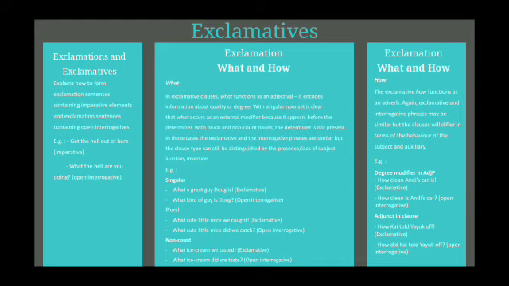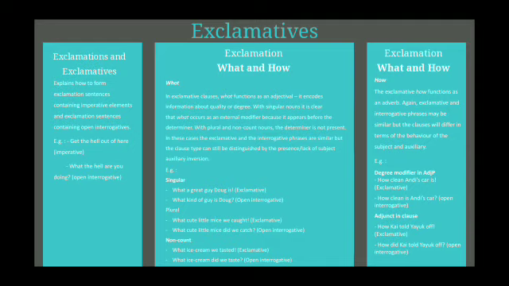What kind of guy is the dog? And in plural: what cute little mice we caught. What cute little mice did we catch? Non-count: what ice cream we tasted. What ice cream did we taste?